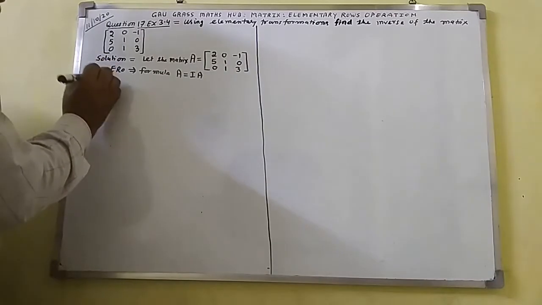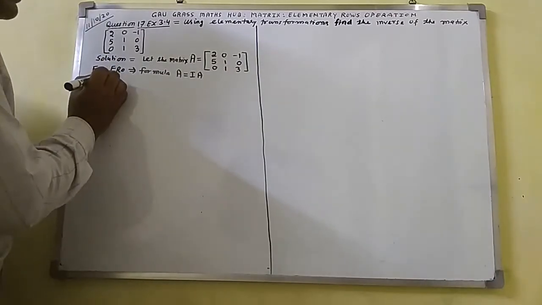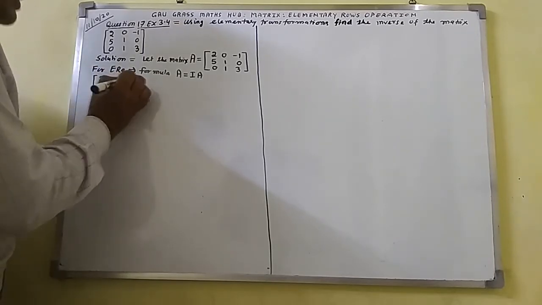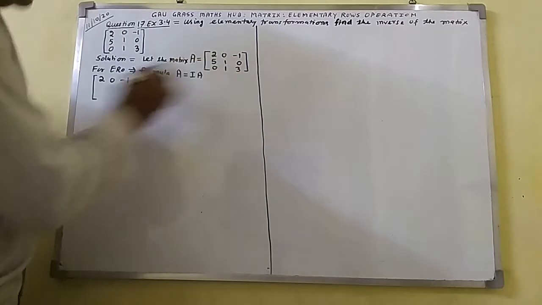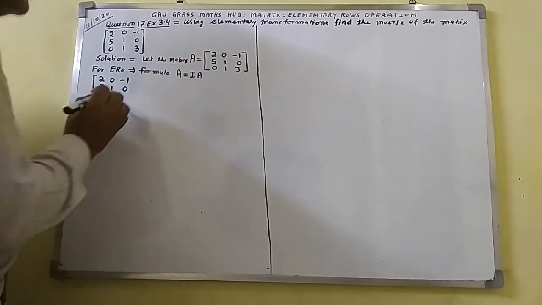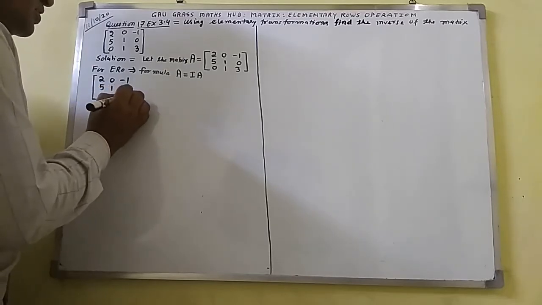So here I shall write the matrix. The elements of first row I shall write 2, 0, minus 1. The elements of second row 5, 1, 0. The elements of third row 0, 1, 3.